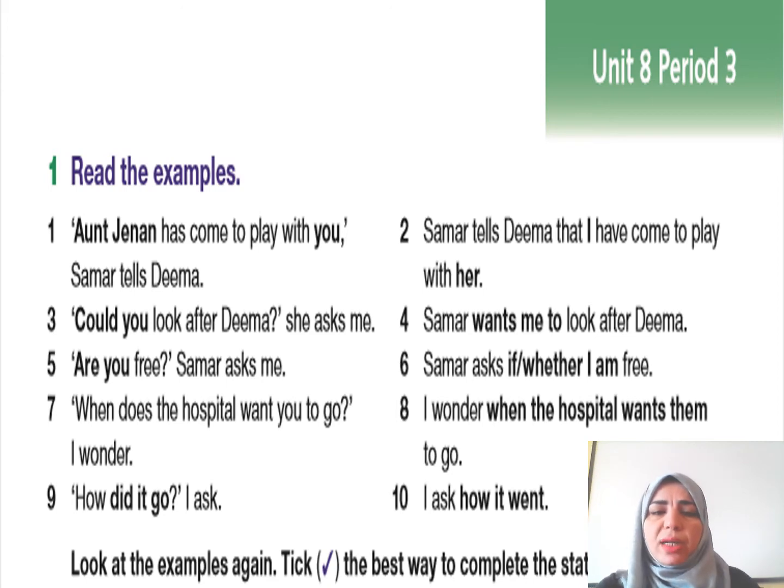Now, in the first sentence, Summer is telling Dima that Aunt Jinan has come to play with you. In the second sentence, Jinan is talking. She said that Summer tells Dima, we have here the verb still in the present, that I have come to play with her.